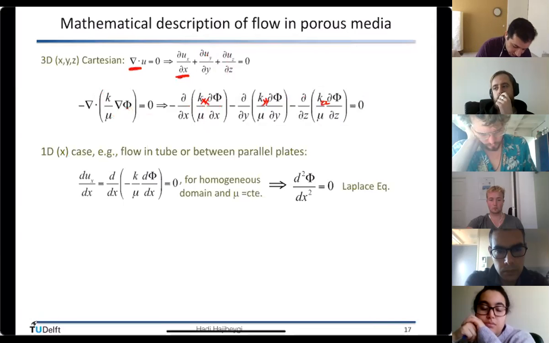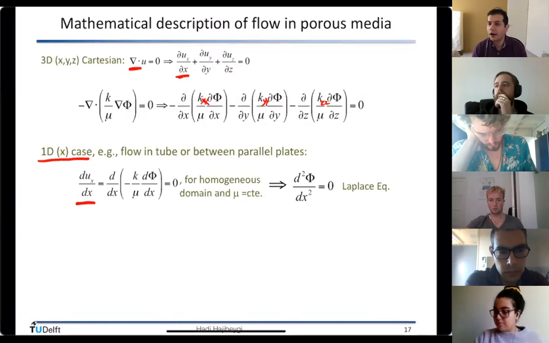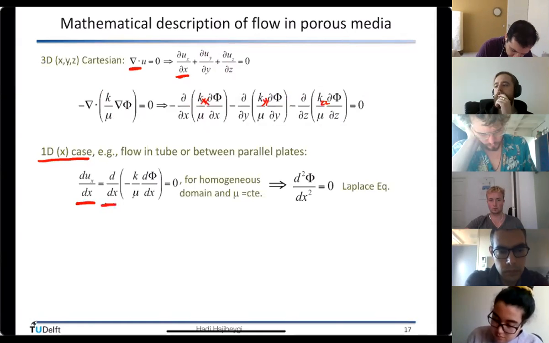So if I write it for 1D problems, then I have one direction of change, either x, y, or z, whatever I like. Let's just take x, but you can replace it with z if you want, or with whatever else you would like. So I have ddx of ux in 1D, which means ddx of k over mu d phi dx is 0. That's the 1D equation.